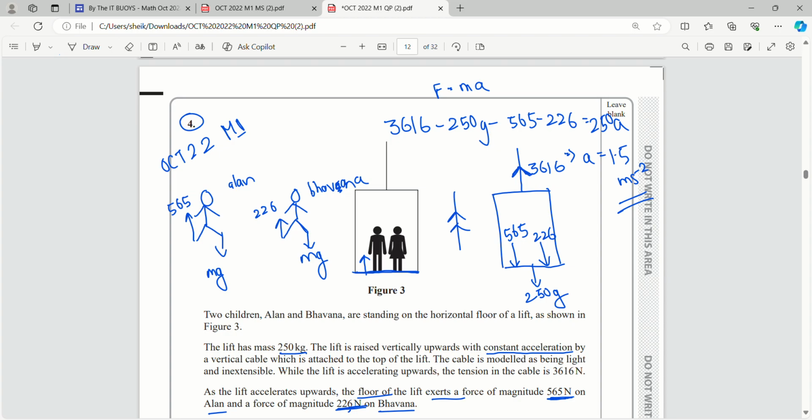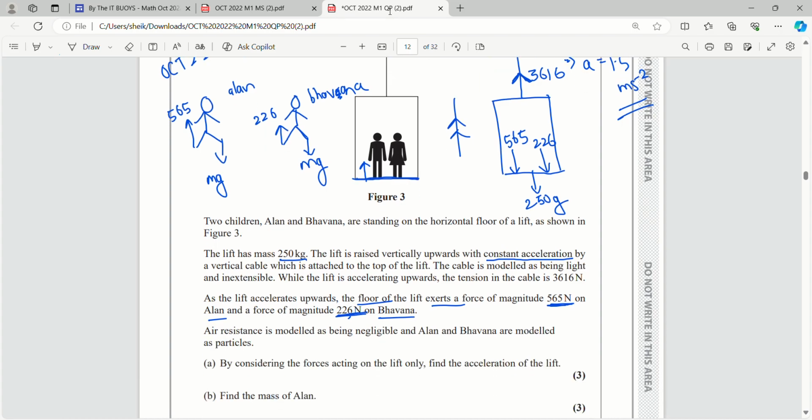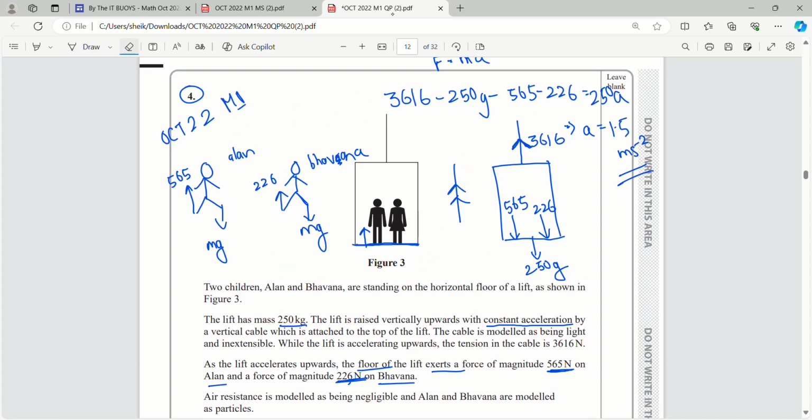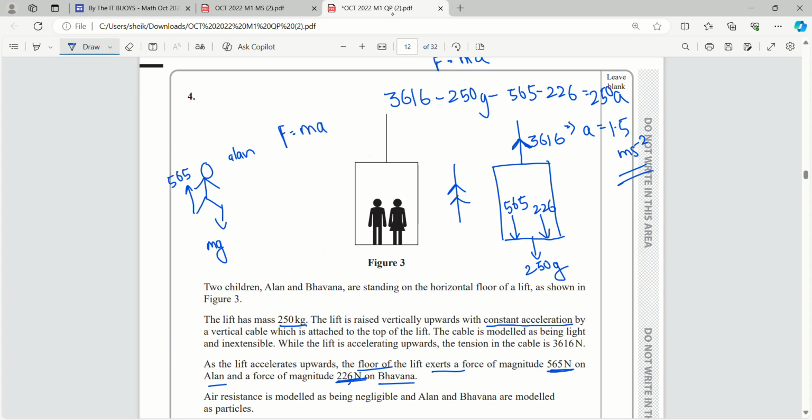Find the mass of Alan. For Alan, let me just erase Bhavana, I do not need her. Let me come up with the F equals ma equation for Alan. It's part B. The F equals ma equation for Alan is going to be 565, that's the normal reaction force from the lift, minus mg equals ma.